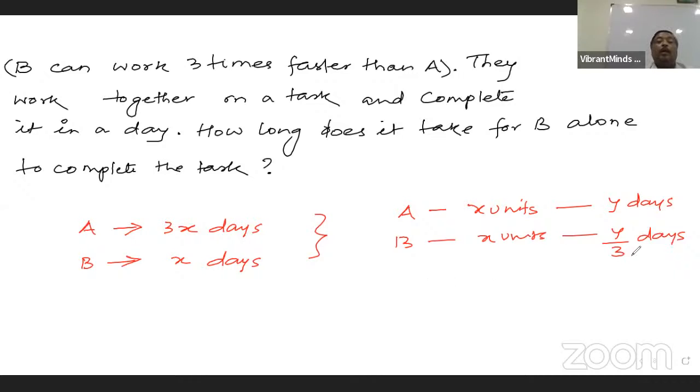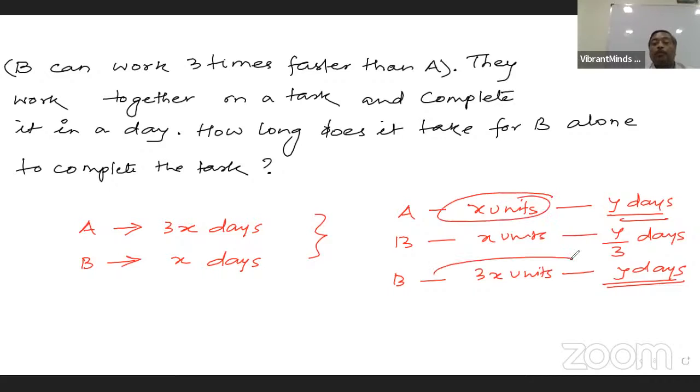Clear? And this can also be written as B can complete 3x units in y days. If the days are equal, he will complete 3 times more work. If the units are equal, he will take 3 times fewer days.